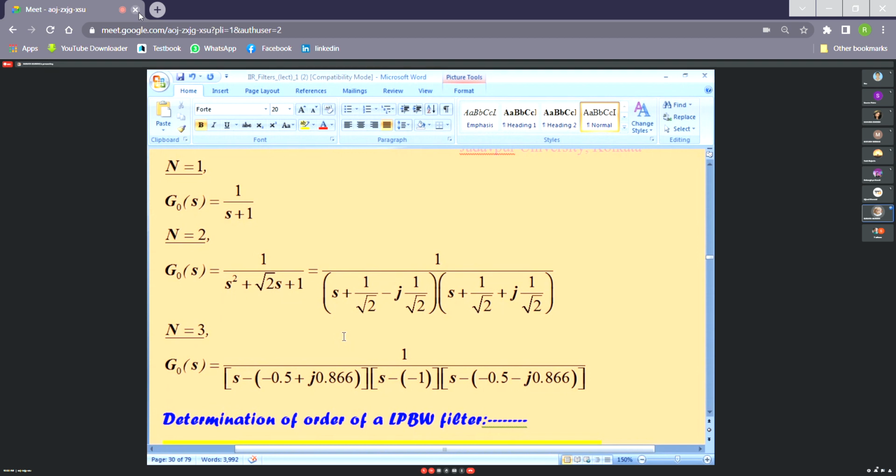It can be a Butterworth filter with a given cutoff frequency, say omega c radians per second, it can be a high pass filter, a band pass filter or a band stop filter. By replacing S in the expression for G0(S) by an appropriate expression, you can move on to the different other cases.